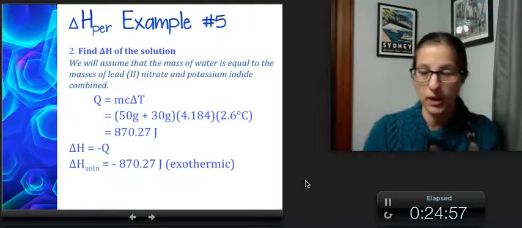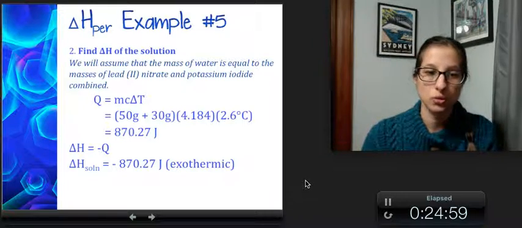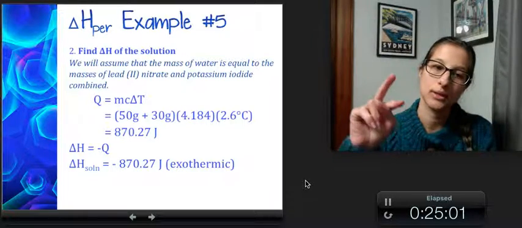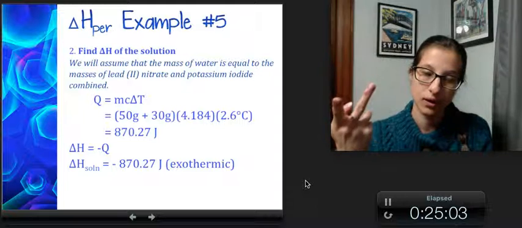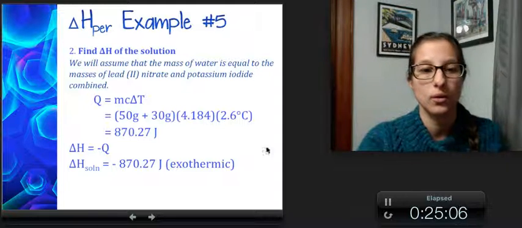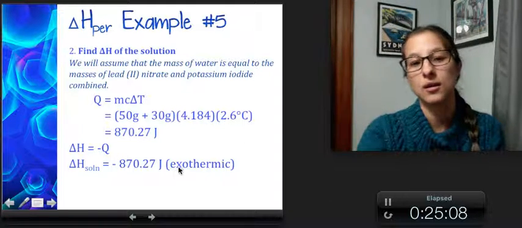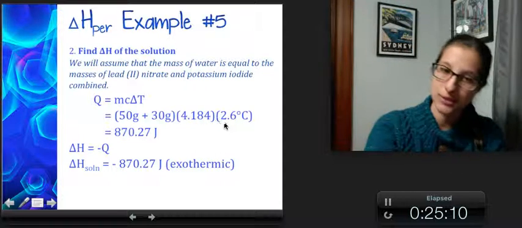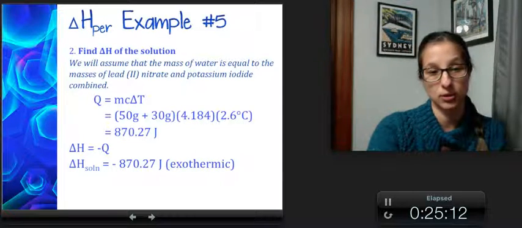And that got me 870.27 joules. Q is the negative of delta H, so I'm going to put my little negative sign there. That means it's exothermic, which makes sense because the temperature went up 2.6 degrees.